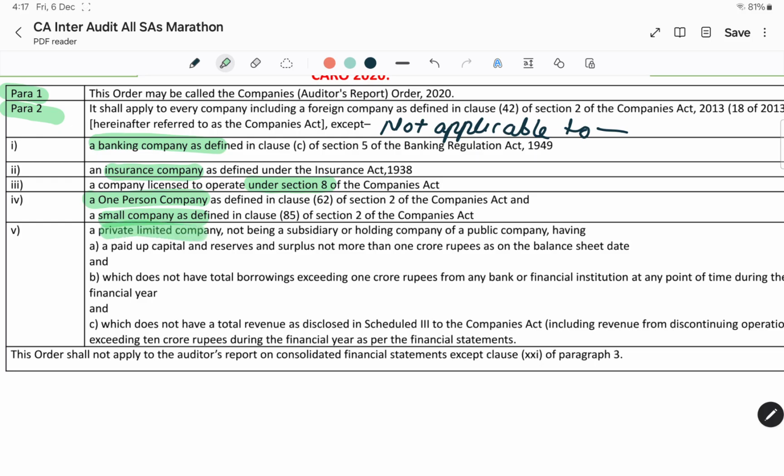And the last is a private limited company, not being a subsidiary or a holding company of a public company, having, it means a private company having, a paid up share capital and reserves and surplus not more than 1 crore rupees as on the balance sheet date.